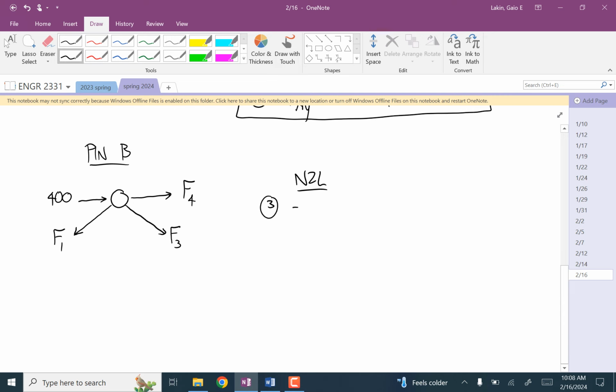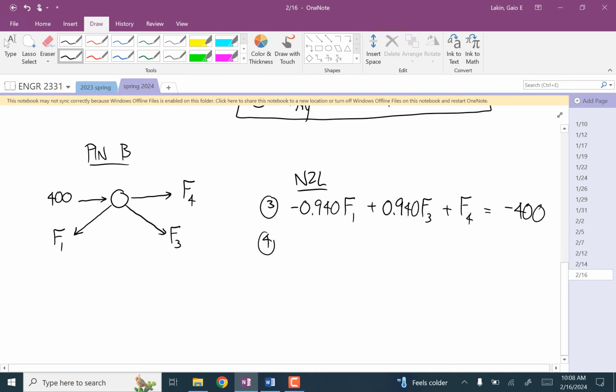But we have negative 0.940 F1 plus 0.940 F3 plus F4 is equal to negative 400. And equation 4 says negative 0.342 F1 minus 0.342 F3 is equal to 0.